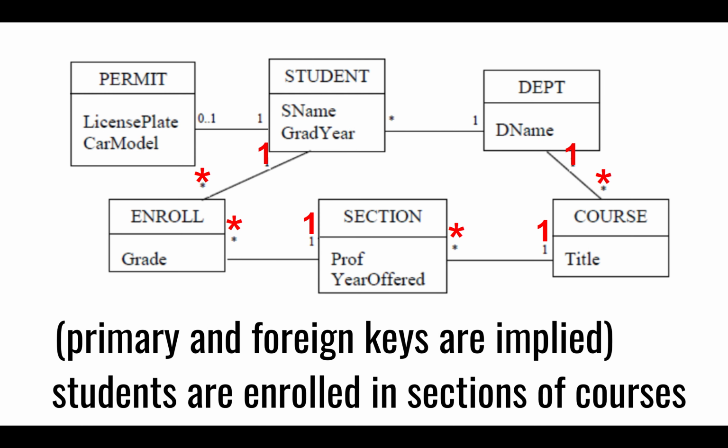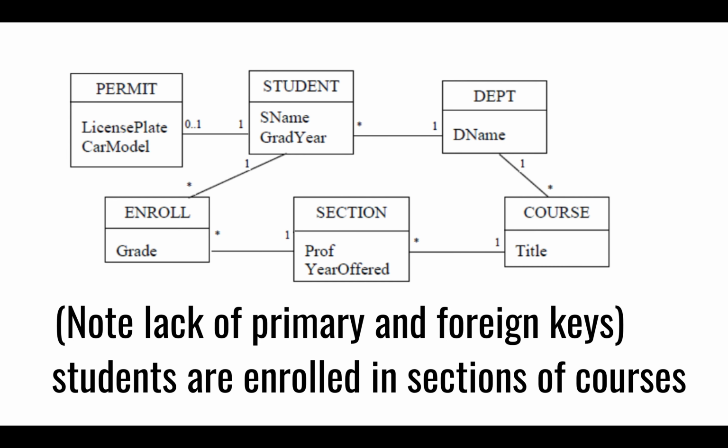But there are a couple of things that I know I can't answer. For instance, what are the office hours of the faculty? I don't know, it's not captured here. Did the student change from one section to the other?